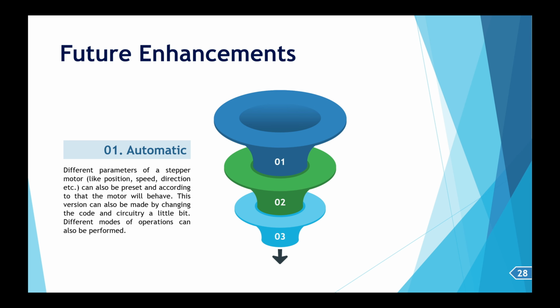Yes, it is possible. And along with this, some 3 or 4 more modes in which we can operate the stepper motor will also be added in the automatic stepper motor controller. This is the main important future enhancement that can be done.